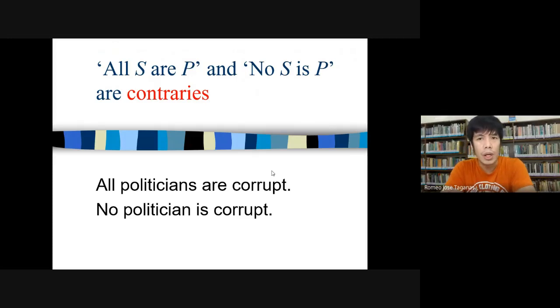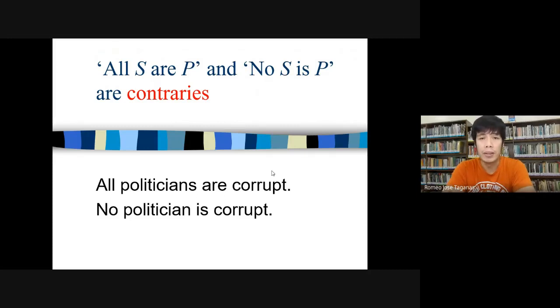All politicians are corrupt is an A proposition. Why is it an A proposition? Because an A proposition has a quantity that is universal and the quality is affirmative. Oh, bakit universal? Kasi nga may all, kitang-kita mo naman. Bakit affirmative? Kasi wala kang makikitang no or not sa proposition. Kaya yung unang halimbawa is an A proposition.